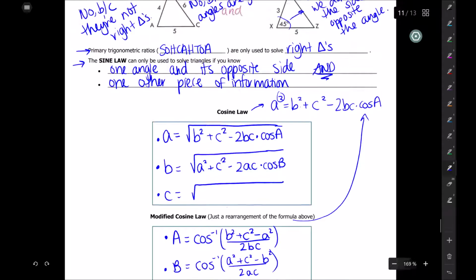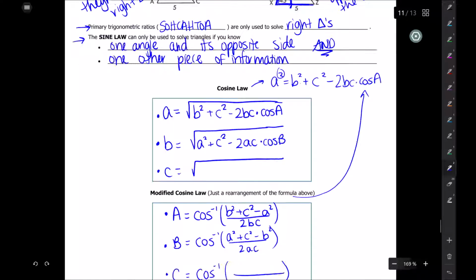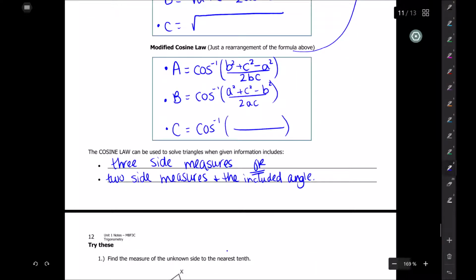So for example, if you look up here, we have 3 side measures, so we could use the cosine law here, or here we have the included angle, which is between the 2 side measures. So our 2 side measures are given to us, and the angle that is given to us is between those 2 side measures. Okay, so here it is, so you can get the information down if you need to.